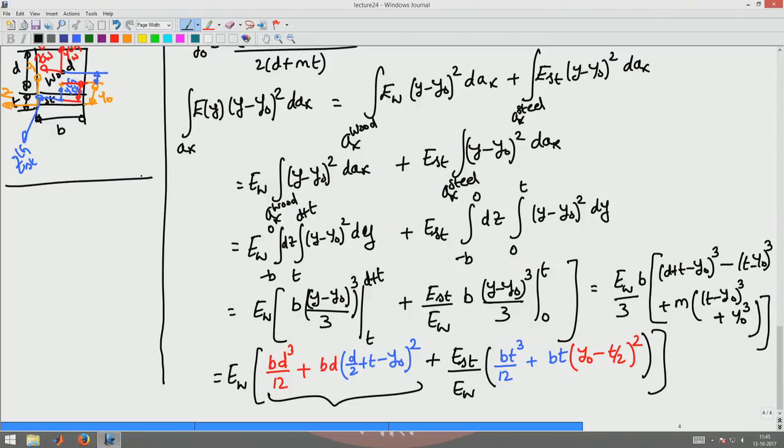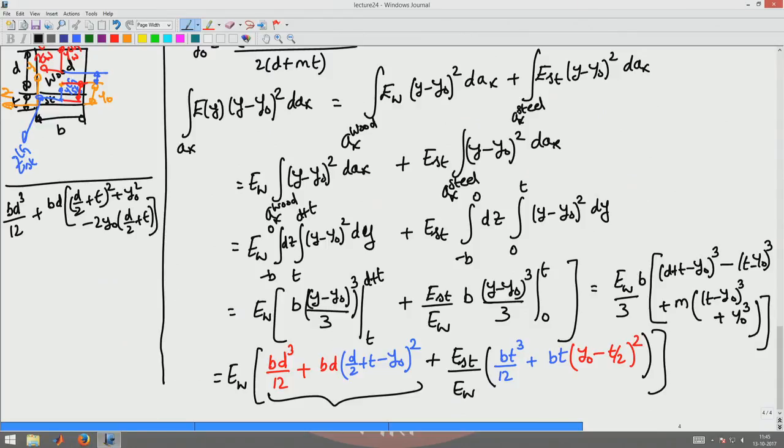So, I will have bd³/12 + bd(d/2 + t)² + y₀² − 2y₀(d/2 + t), right.